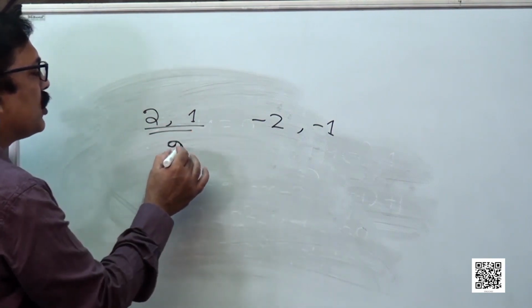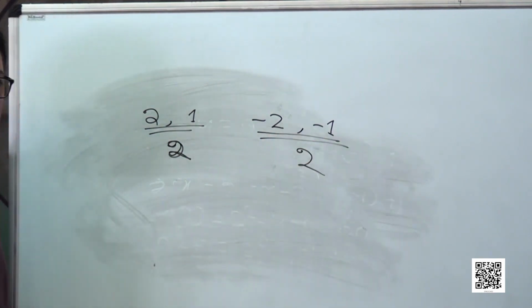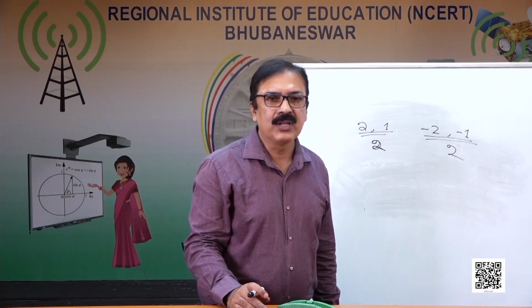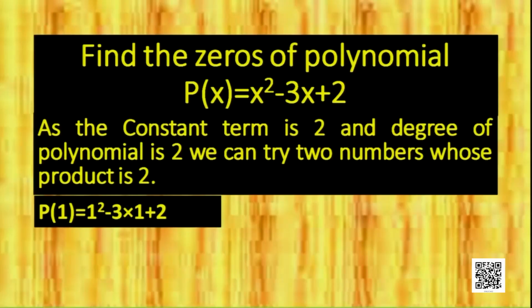The product of these two is 2 and product of these two is also 2. Now let's try with 1. P1 becomes 1 square minus 3 into 1 plus 2, that gives 0. So 1 is a 0 of this polynomial.